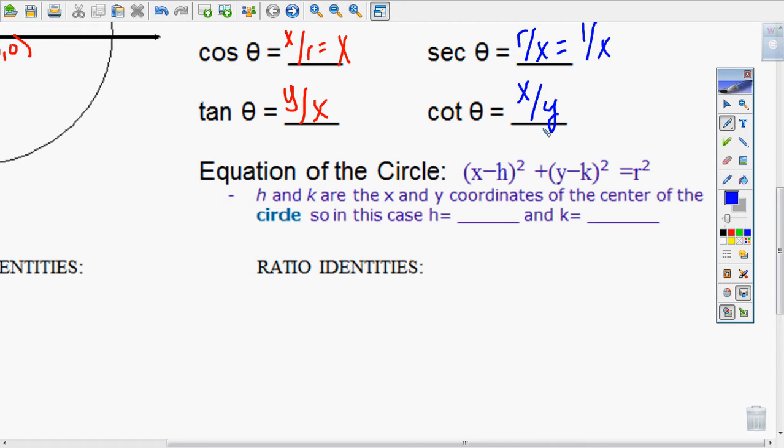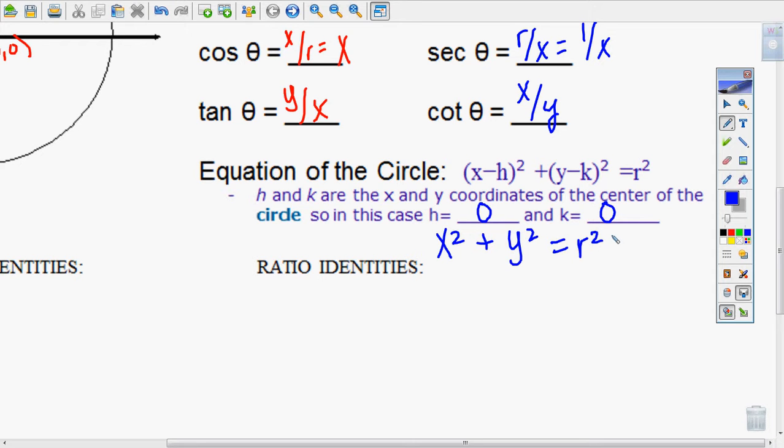Well, if we're looking at the unit circle, our h and k are 0, right? So that led us to our Pythagorean that we used, which was x squared plus y squared equals r squared. Do you remember using that to solve for different parts of the circle?